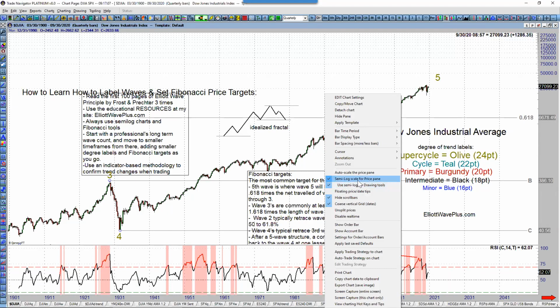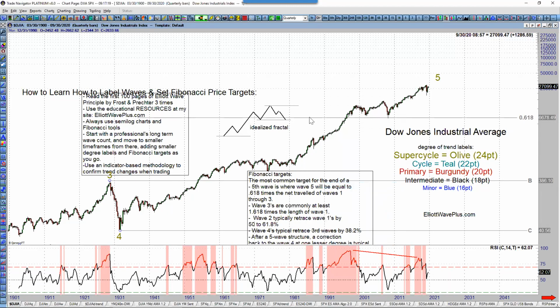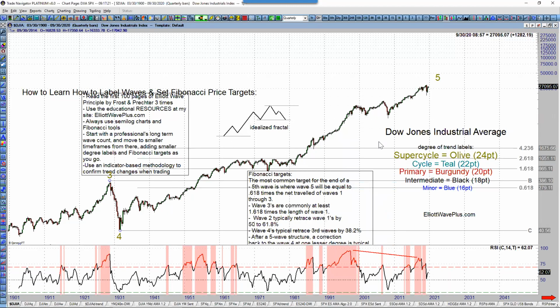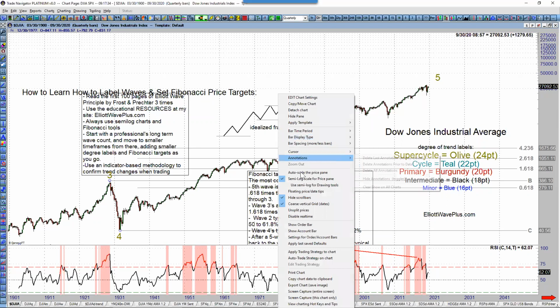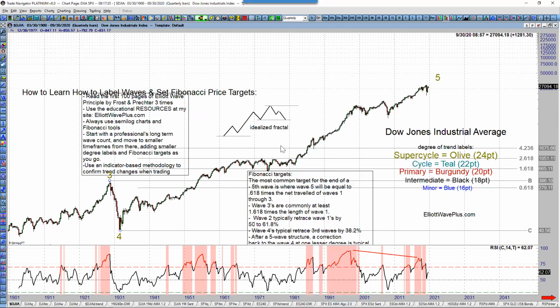You can put the price candles in Semilog scale, but if you draw some Fibonacci targets, they will give you completely different targets, because the drawing tools in Thinkorswim only work in linear math. So it's very important to have a platform that uses Semilog tools.